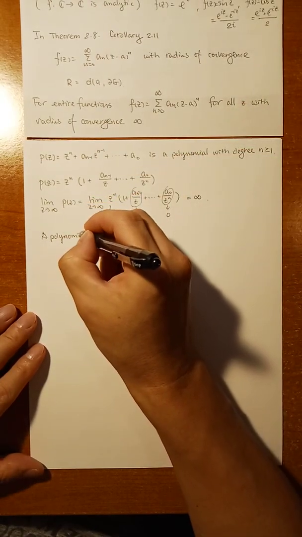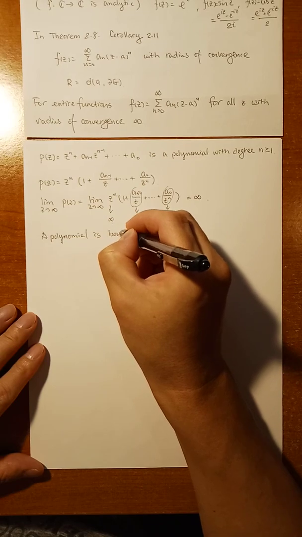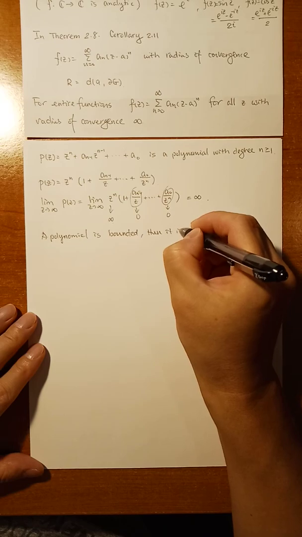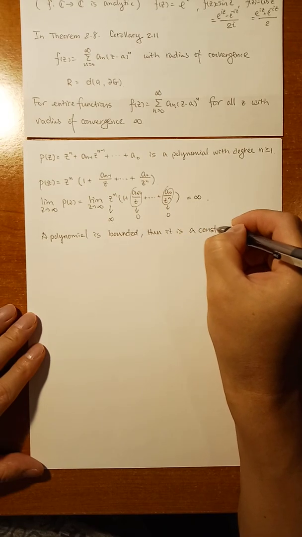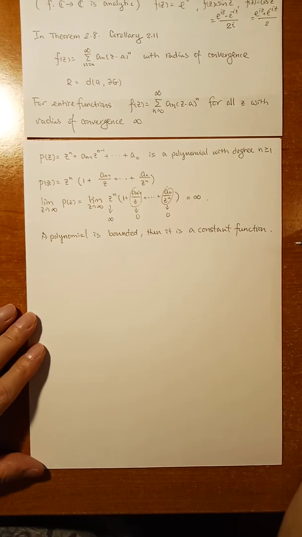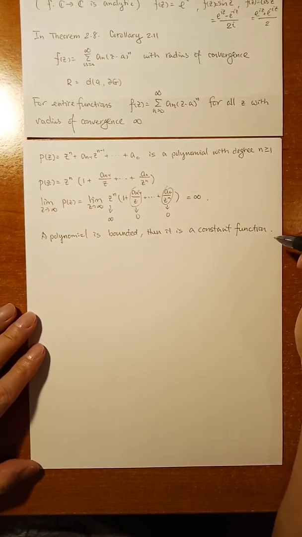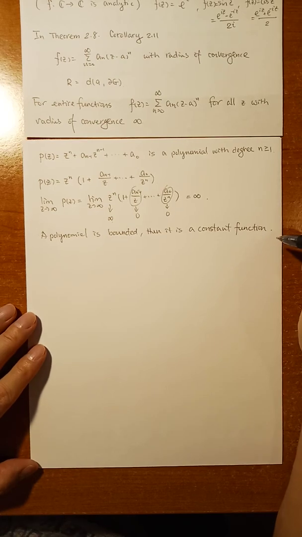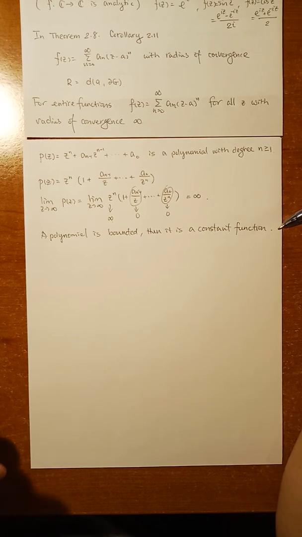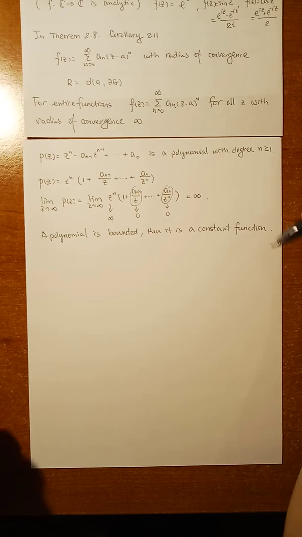If a polynomial is bounded, then it is a constant function. Only a constant function can be a bounded polynomial. The proof is here, very clear. A bounded polynomial is a constant function, because if it's not a constant function, it will be unbounded.